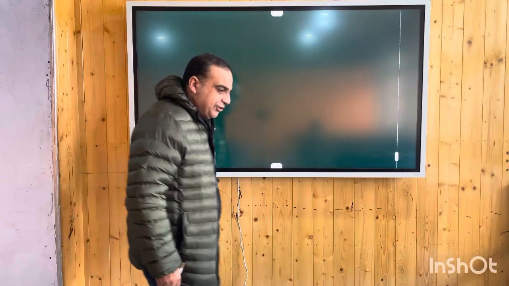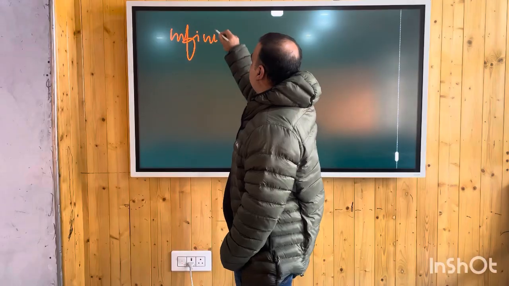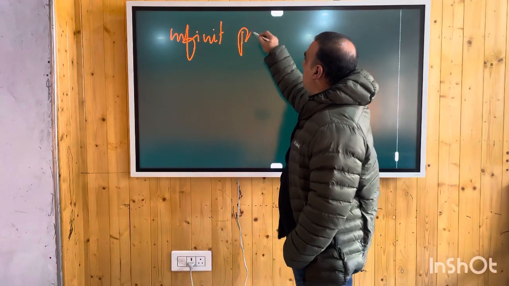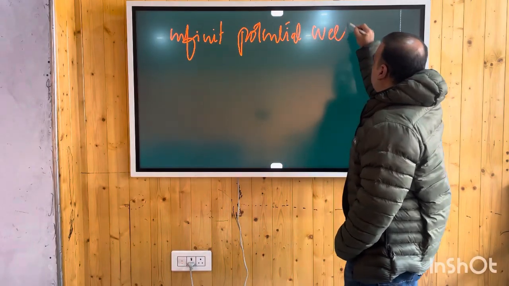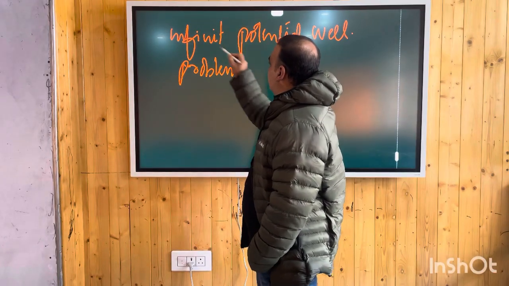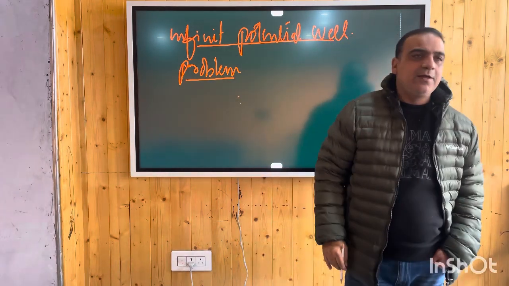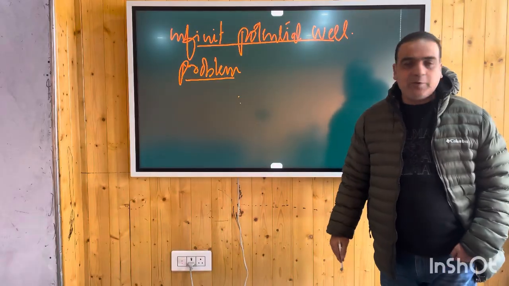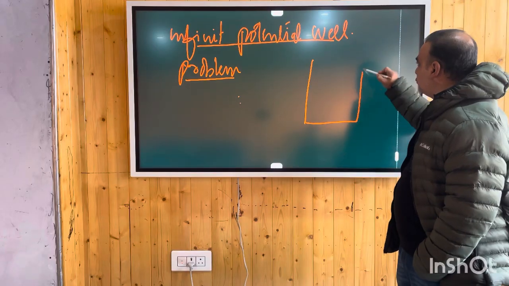In continuation to the last interaction that we have had, we have been talking about the infinite potential well problem. We have a one-dimensional potential, and the particle is between the two walls.